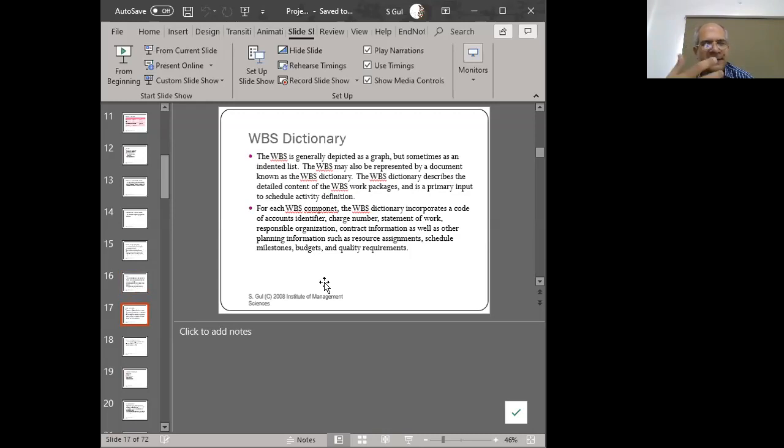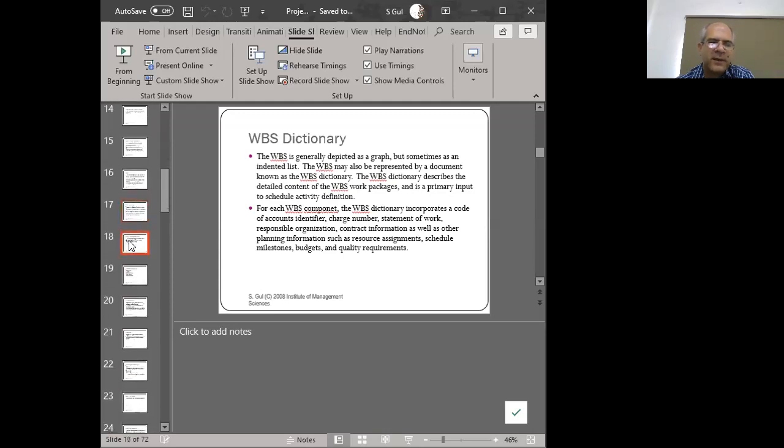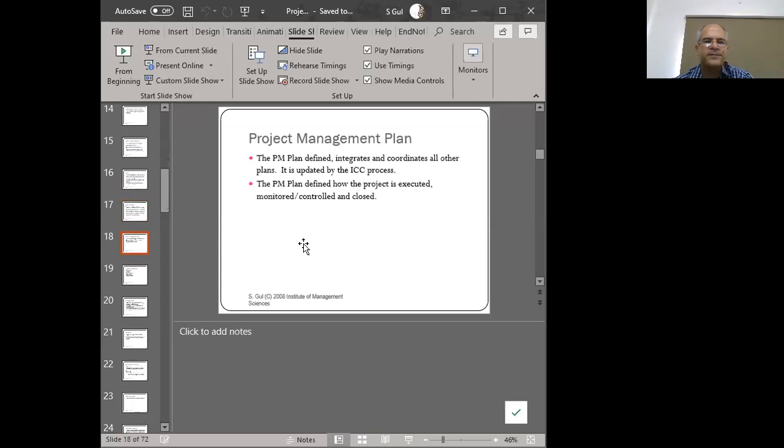So when you're assigning activities to individuals, those individuals would have certain questions such as when do I begin my work, when do I finish my work, how much money do I have available, how much time do I have available, right, etc. Who do I take the input from, who is the approving body, who do I provide my output to. So these type of questions will be answered in the WBS dictionary. So we have to be filling that out as well.